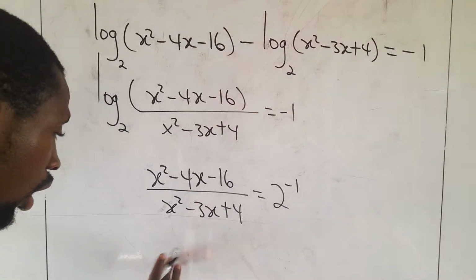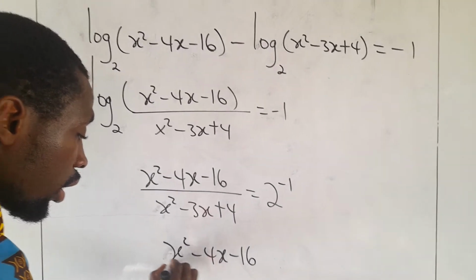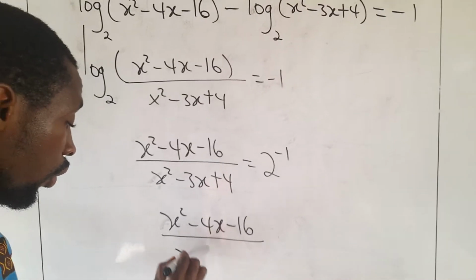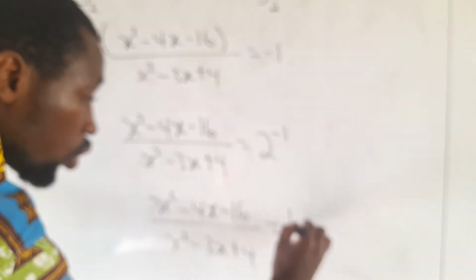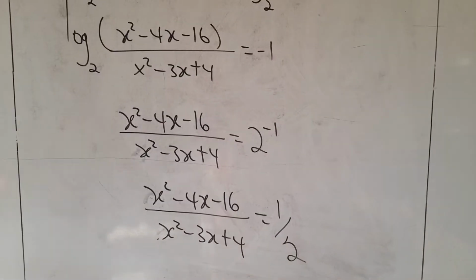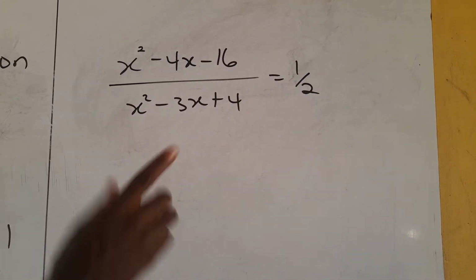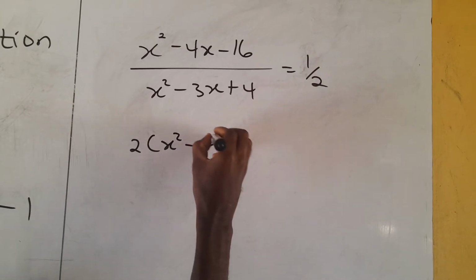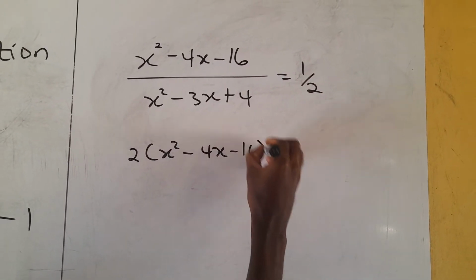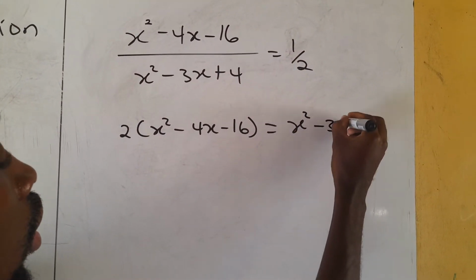So x squared minus 4x minus 16 over x squared minus 3x plus 4 will be equal to half. So we can cross multiply this. So we can say 2 times x squared minus 4x minus 16 equal to 1 multiplied by this, which will still be the same thing, plus 4.